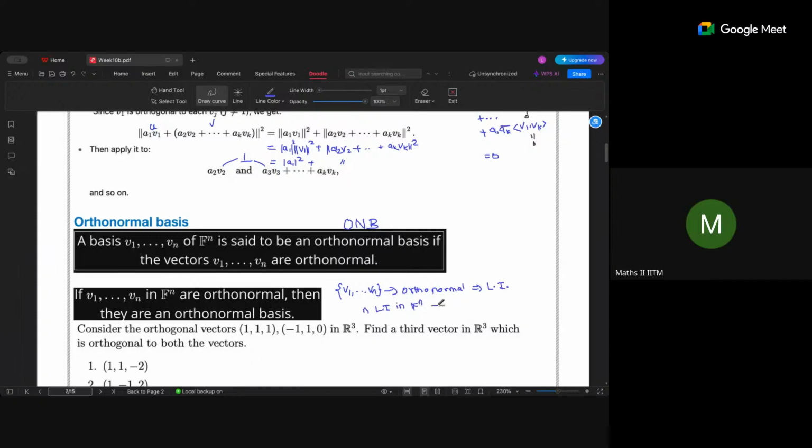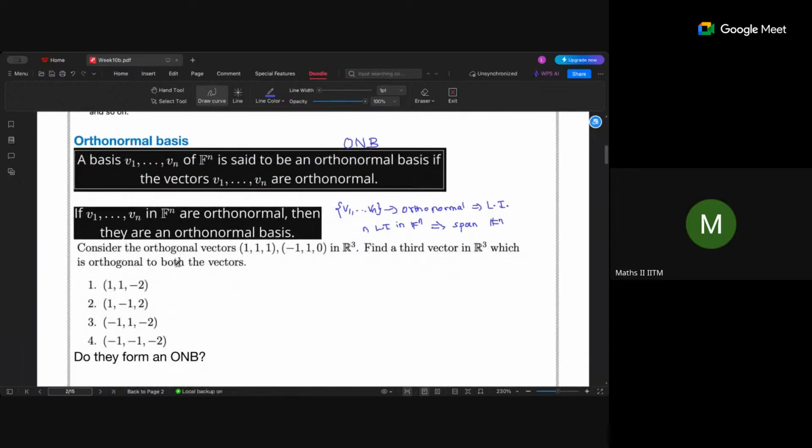So do they span Fn? N linearly independent vectors. Yes, ma'am. So you see that they are linearly independent and they span Fn, so they form a basis. So any n vectors in Fn which are orthonormal will form an orthonormal basis.